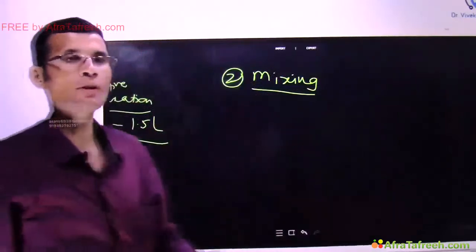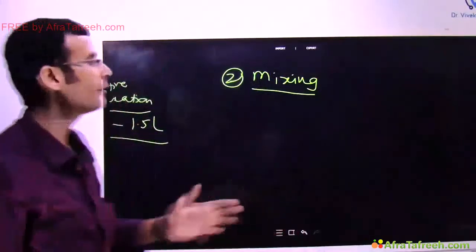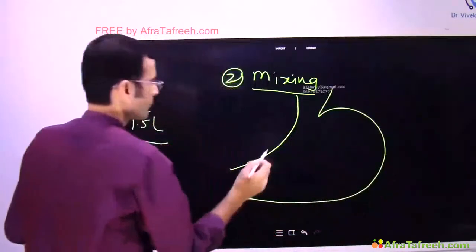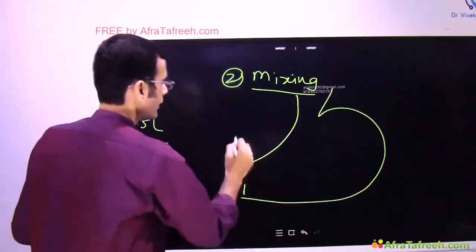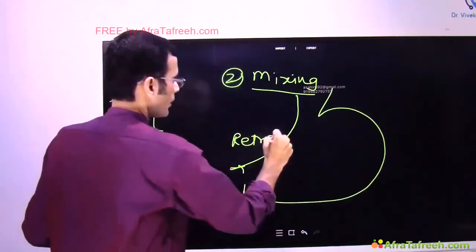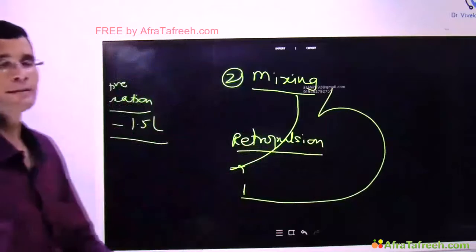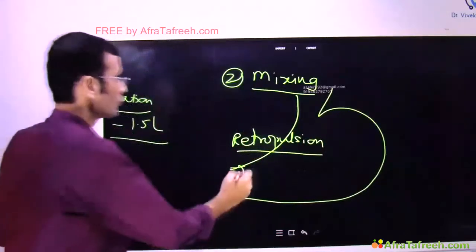The most important event in the mixing process and formation of chyme is called retropulsion.